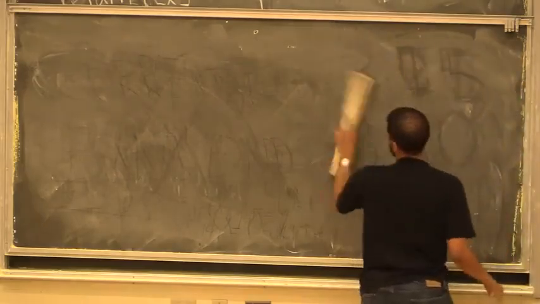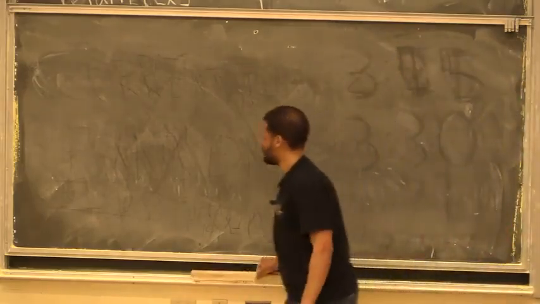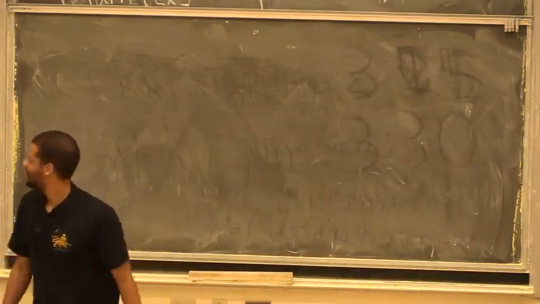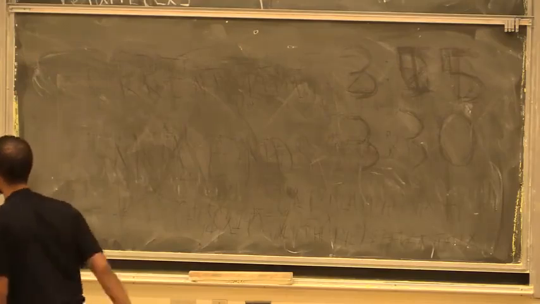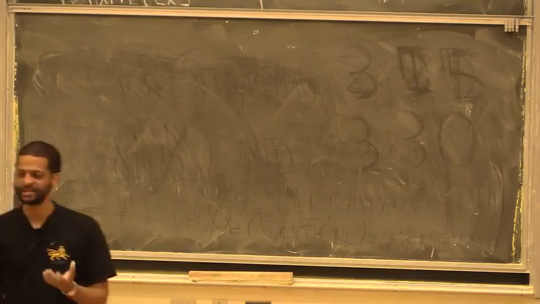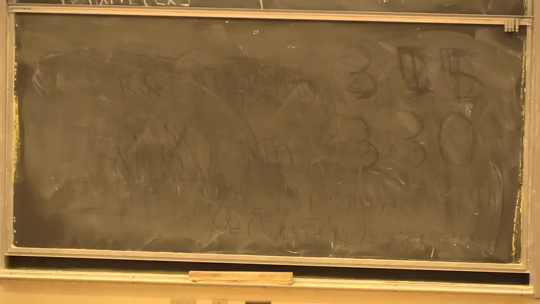So the reason why the first two claims are true is induction. Basically, you can induct on the number of operations that have happened so far in the operation sequence.